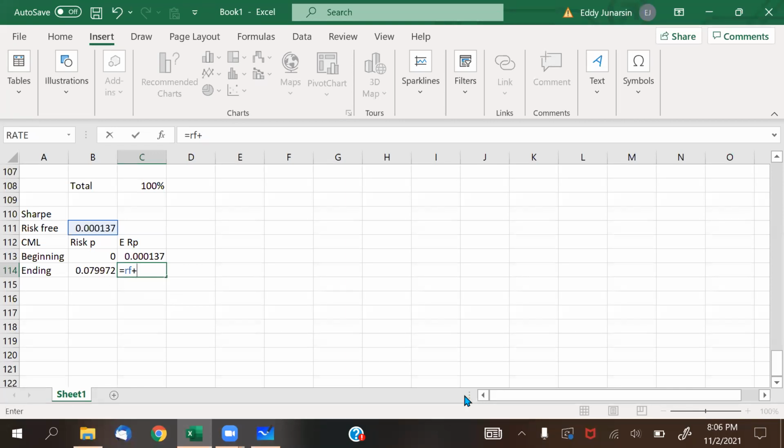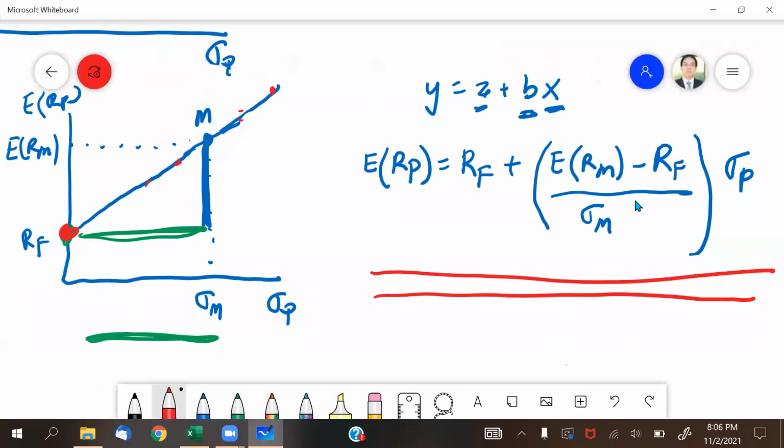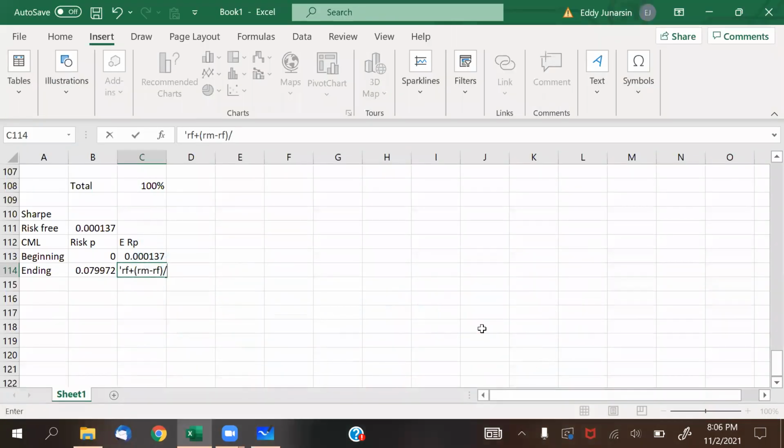But for now, just write down the formula: risk-free plus the expected return on the market that we are going to determine, minus RF, divided by the market risk of the market portfolio, and then multiplied by the portfolio risk.